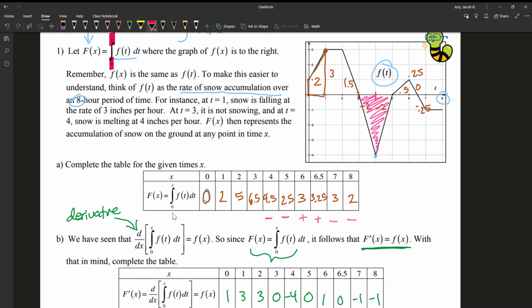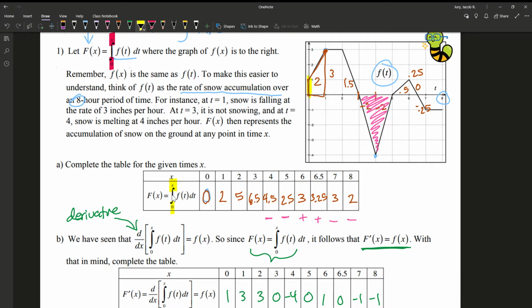So if we start off with 0 and we accumulate area to x, and I want to accumulate area all the way to 0, then I'm not going to get any area accumulated. I'm not going to accumulate any snow.